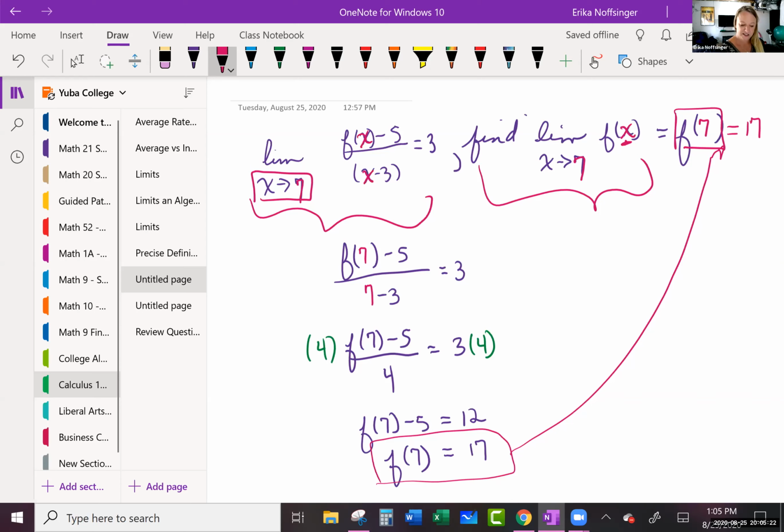We treat this like a variable and try to figure out what this variable is representing. Basically this is also saying that as we get closer and closer to x equals 7 on the graph, your y value is getting closer and closer to 17.